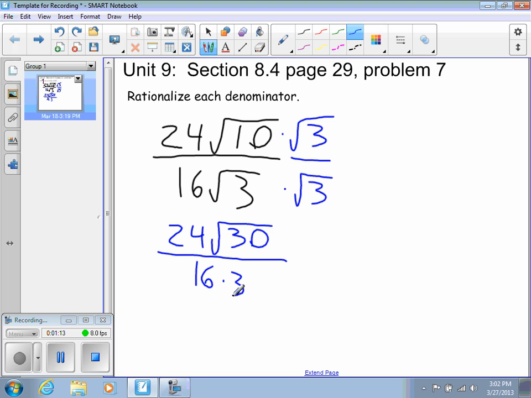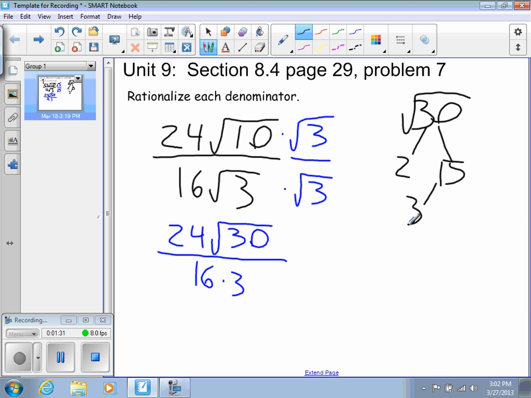First of all, we need to take this 30 and factor it and see if we can simplify. So let's take our square root of 30 and factor the 30. For 30 we have 2 times 15 and then 3 times 5. Unfortunately, there are no perfect squares inside of it.